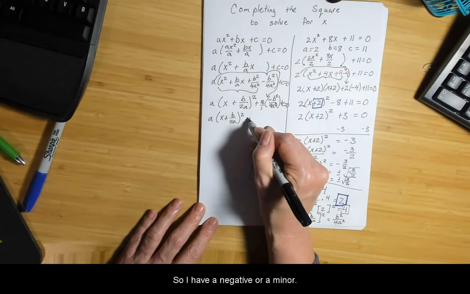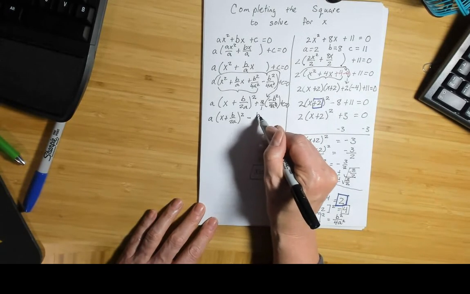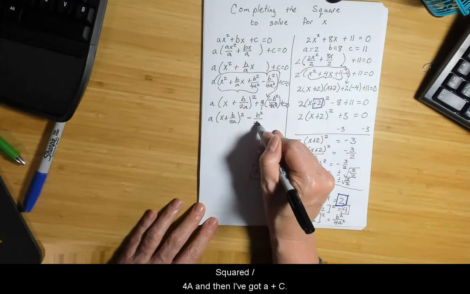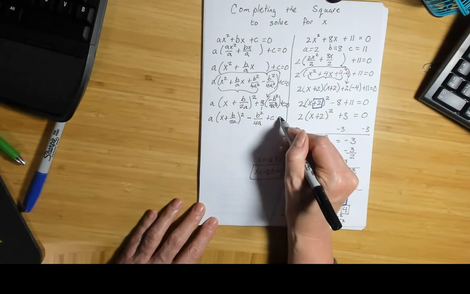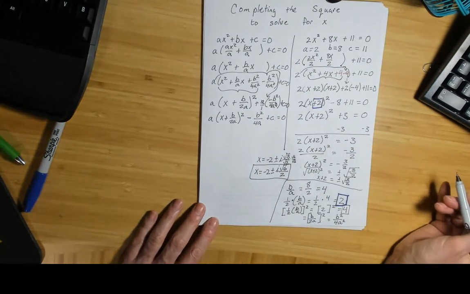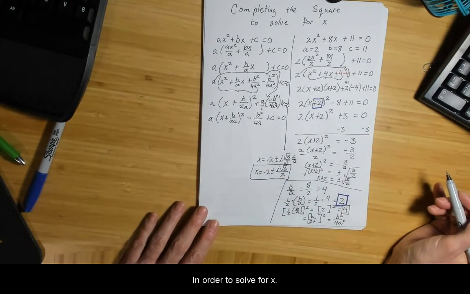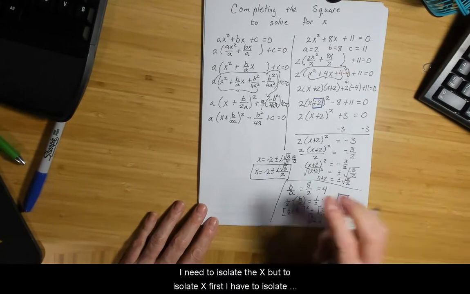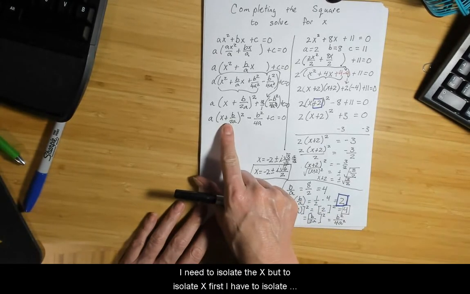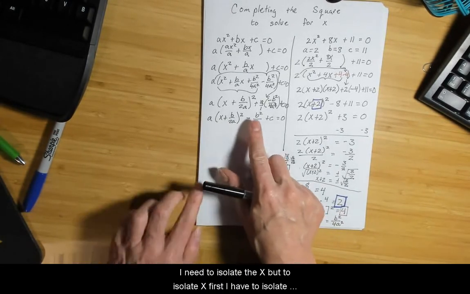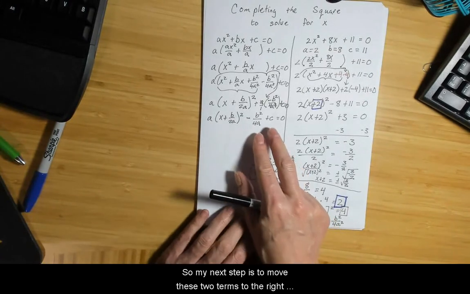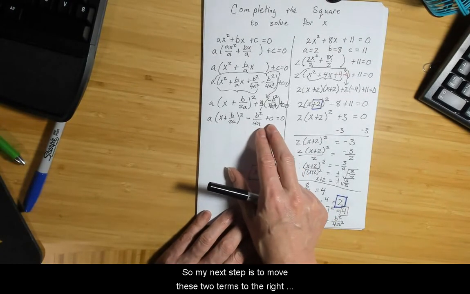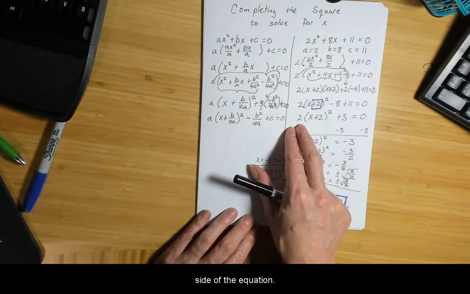So I have a negative, or a minus, b squared over 4a, and then I've got a plus c equals 0. In order to solve for x, I need to isolate the x. But to isolate x, first I have to isolate the binomial squared. So my next step is to move these two terms to the right side of the equation.